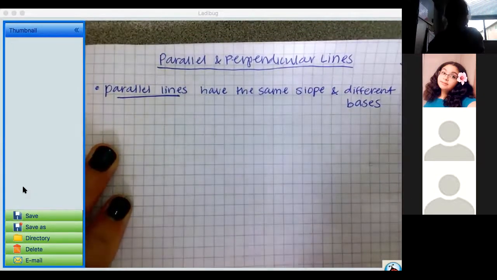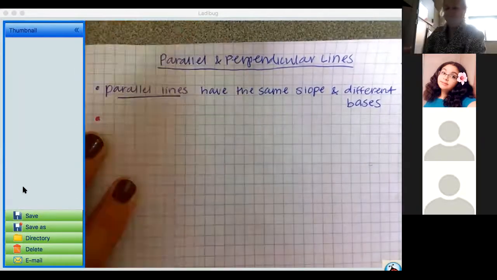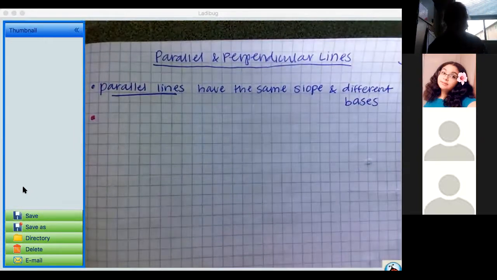And we just discovered that by graphing those parallel lines. So y'all should be okay with that, because I showed you an example.